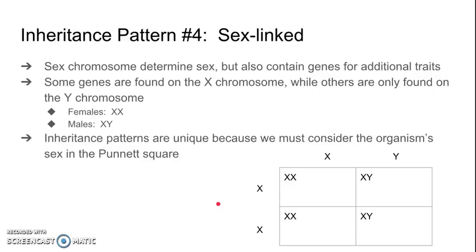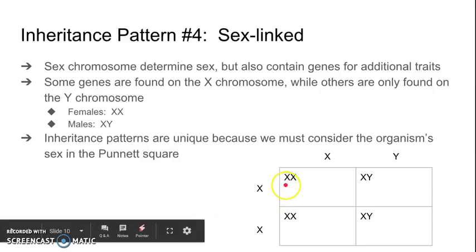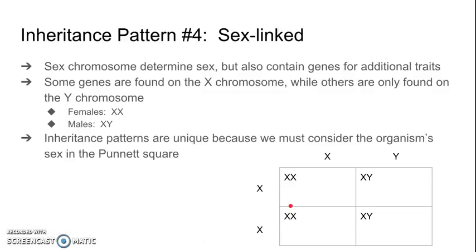Well, when we look at this, we see that there is the possibility of 2/4 of this Punnett square being XX, or female. So there's a 50% chance that the offspring will be female.